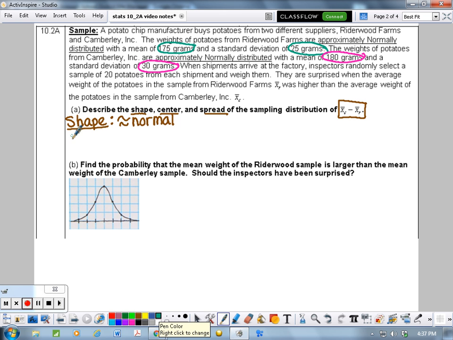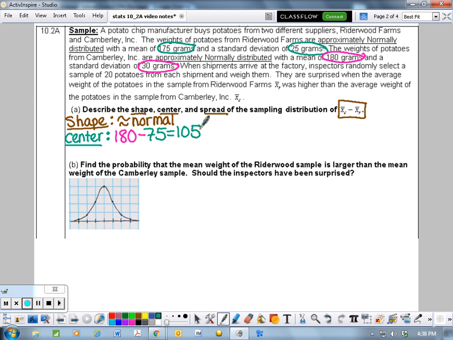Now, our center of XC minus XR should be the mean of C. So our mean of C was Camberley, 180, minus the mean of R, 175. So we'd expect the mean of this to be 180 minus 175, which should be 5.